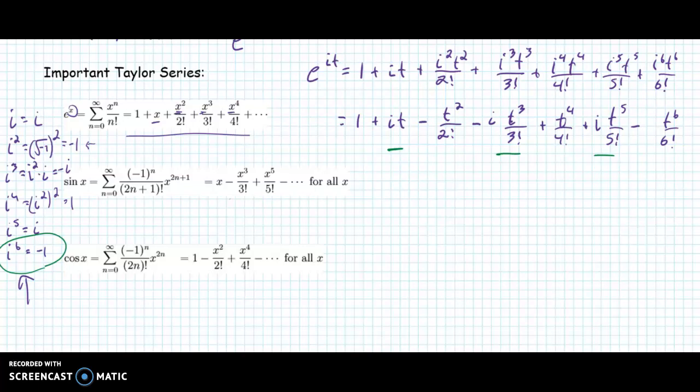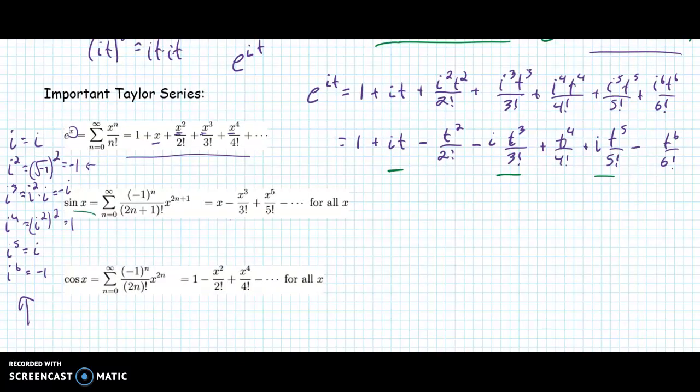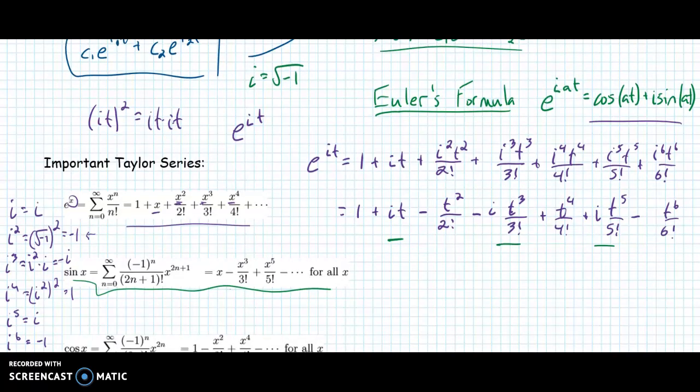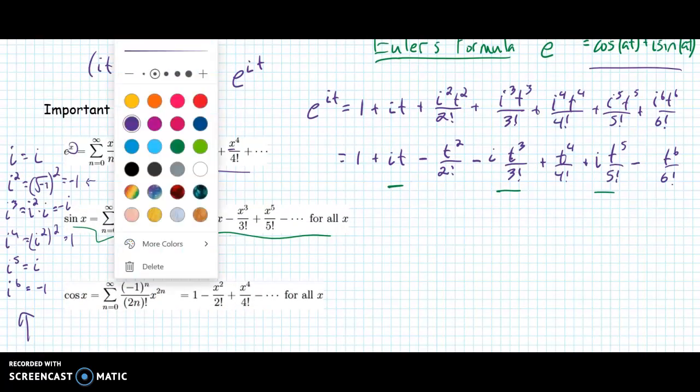All right, so all of my odds have i's on them. And all the odds in this are signs. And my Euler's formula has i's on the signs.